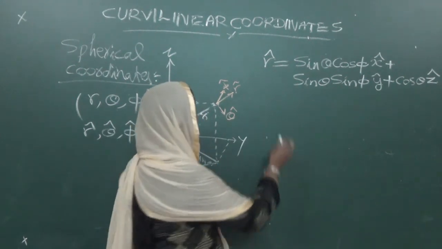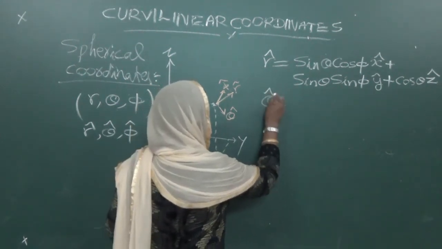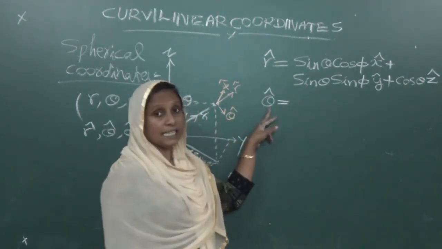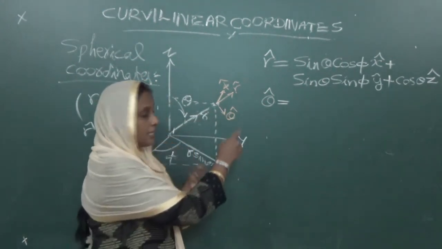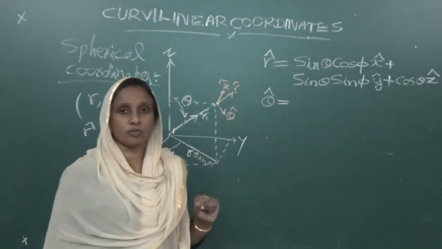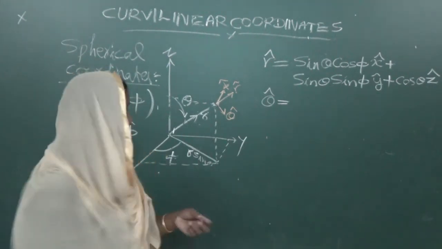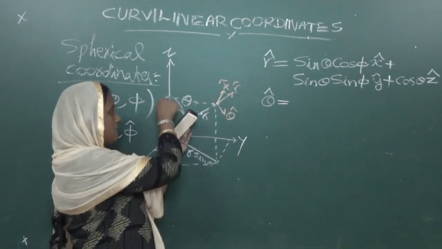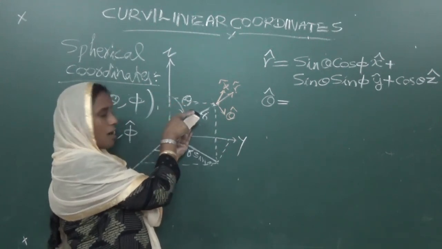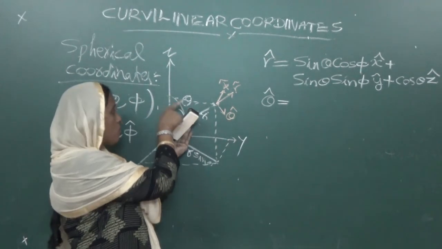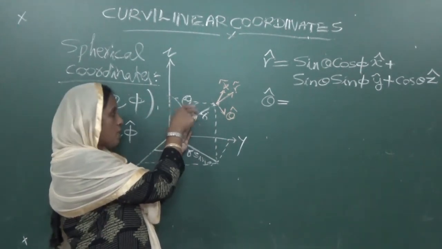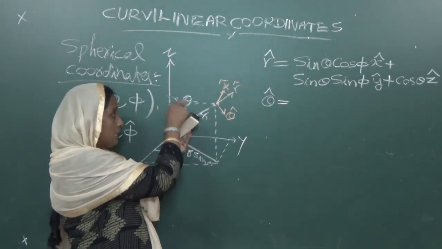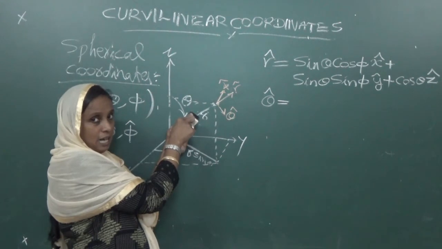Similarly, theta cap. Theta cap is pointing along the direction of increment of angle theta. Suppose this is the point P, this is angle theta, this is vector r. If you increase theta, that means if you rotate this vector, theta increases to theta plus d theta.